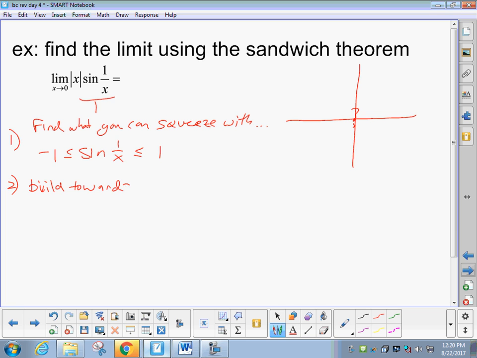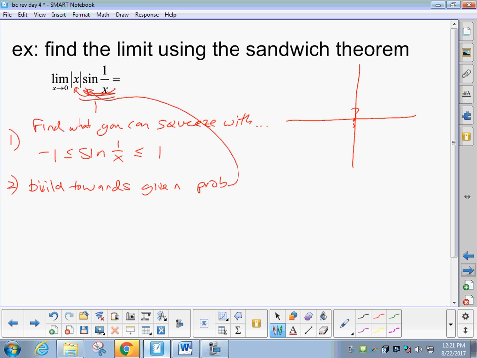Now, the second thing is you're going to try and build towards what's given in the problem. This guy has this, obviously, but you need to bring in absolute value of x, yeah? Now, question, I have a three-part inequality here. Can I multiply in by absolute value of x? Inequalities are funky.